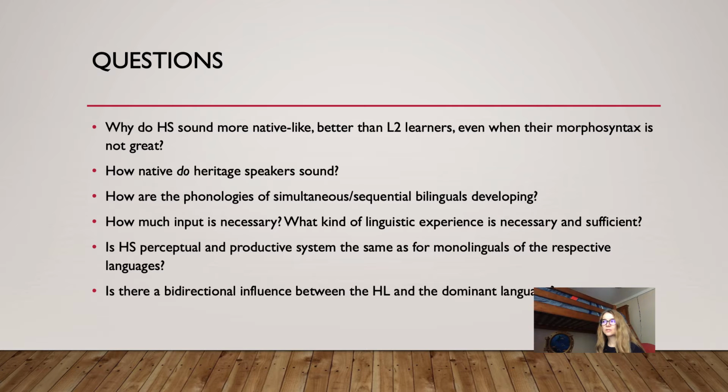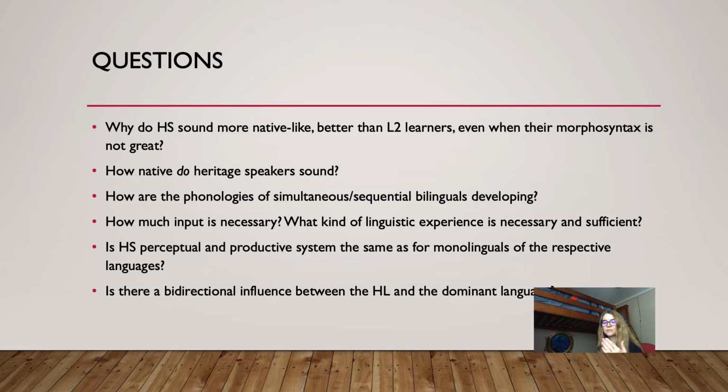How are the phonologies of bilinguals developing when they're simultaneously learning both languages, or when they're learning them sequentially? How much input is necessary, and what kind of linguistic experience is necessary and sufficient to get the sounds? So how long do you need to be exposed to the language to be able to get the phonology, to understand that and to remember it?